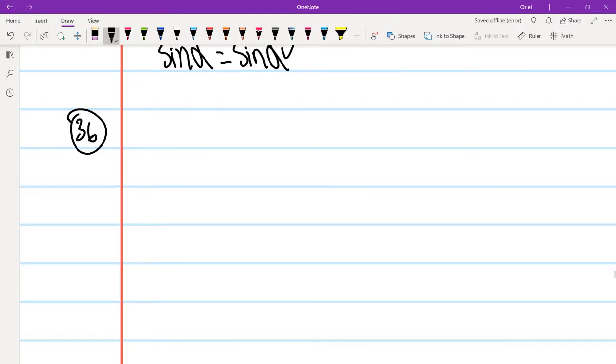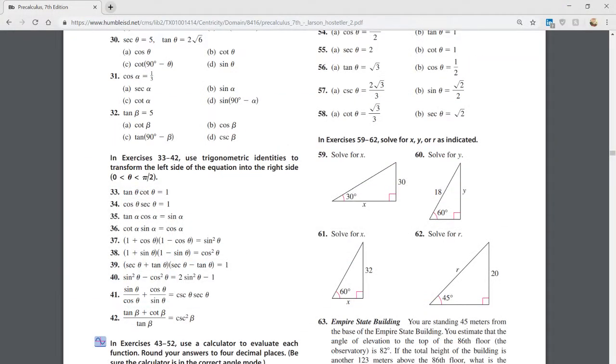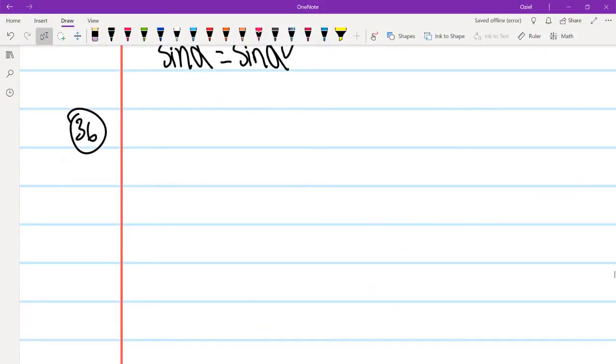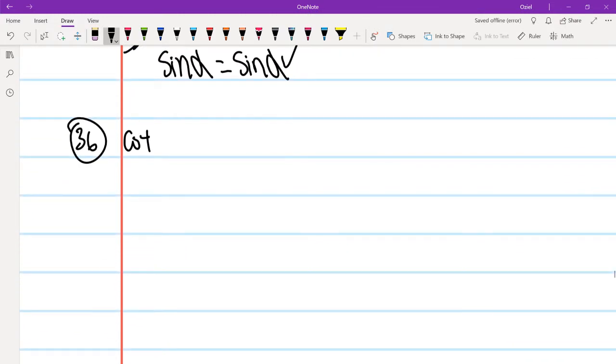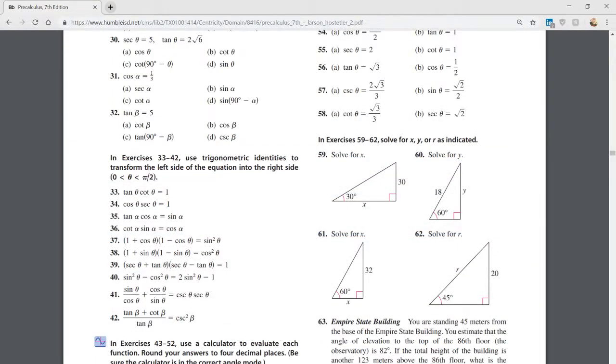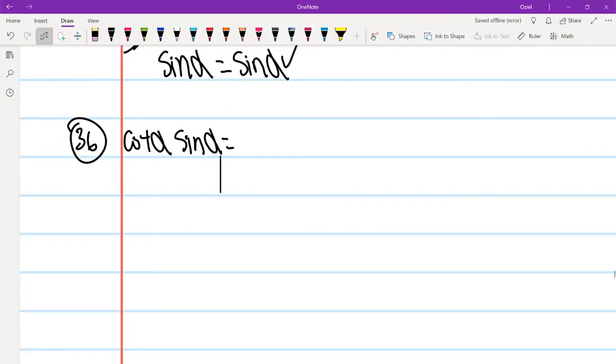Number 36. We have cotangent of alpha times sine of alpha equals cosine of alpha.